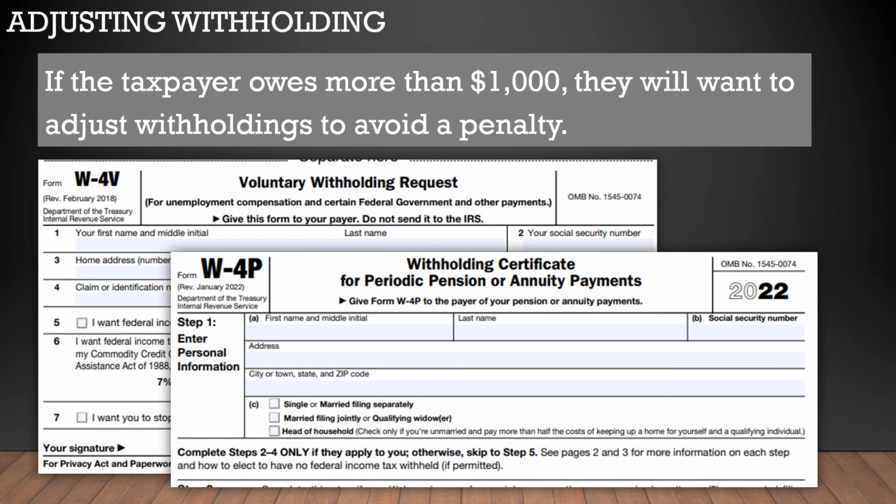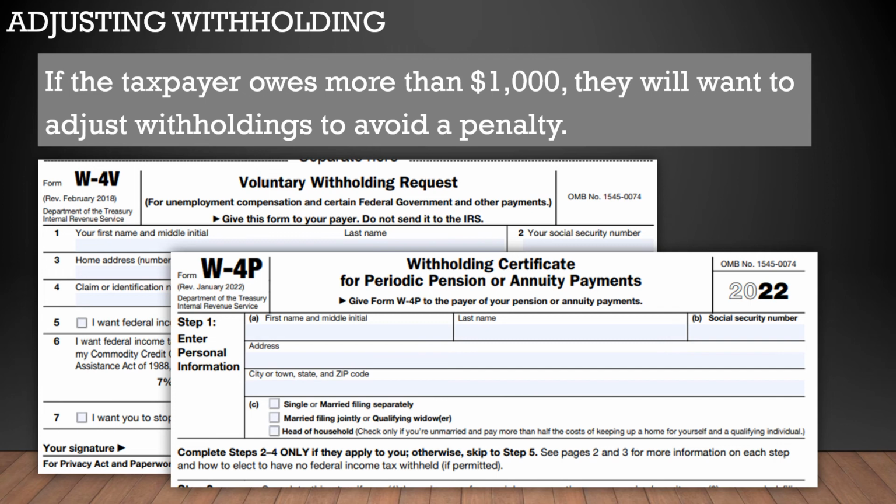So another thing that's important to be aware of for our taxpayers is that their retirement accounts are not always required to withhold money for taxes as they go, the same way an employer is required to withhold money as you go for taxes.